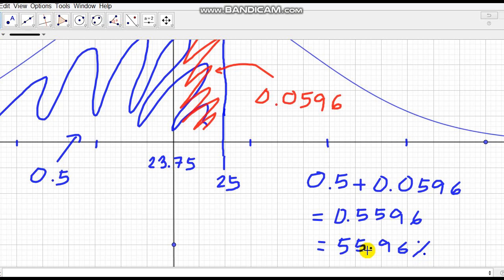This means that the percentage of students that got a score of less than 25 is 55.96% of the population. So actually more than half. That's how we apply the areas in solving word problems.